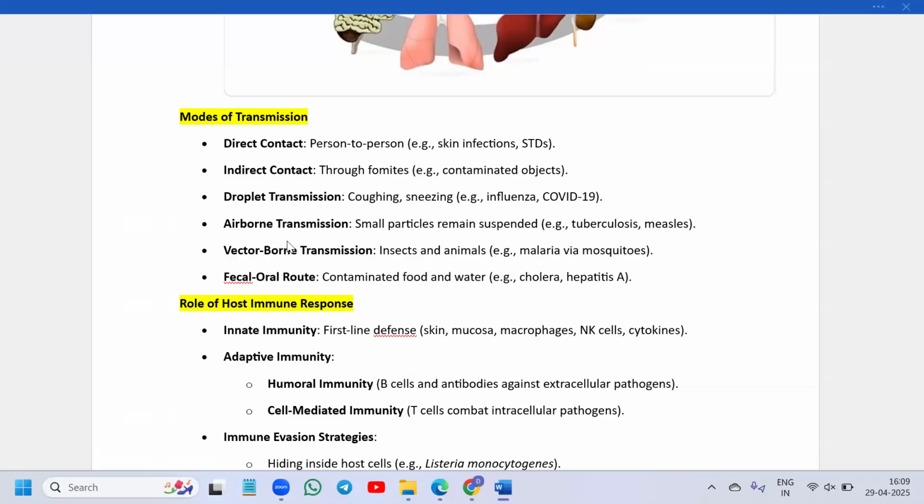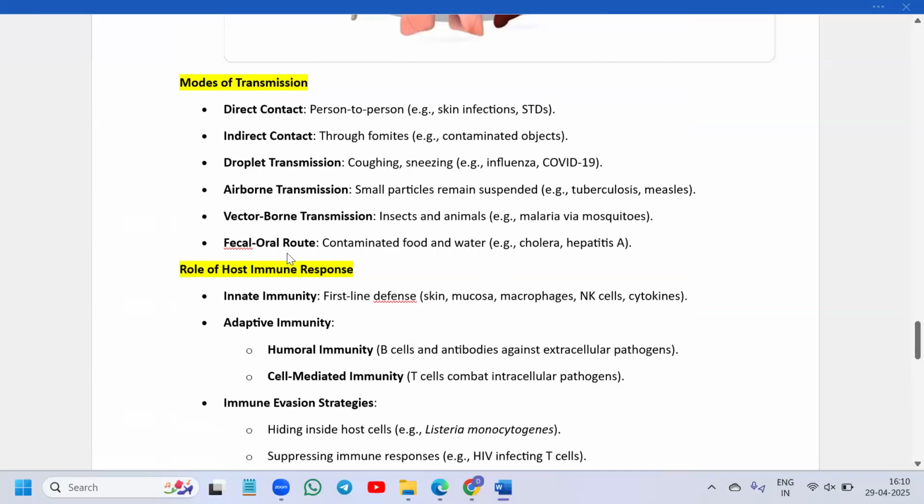Vector-borne transmission, there are vectors, some carriers involved. Like for example, malaria. Malaria is transmitted via mosquitoes. Dengue is transmitted via mosquitoes, right? Then fecal-oral route, contaminated food and water. Through that, like cholera, hepatitis A, these are all fecal-oral. So whenever you have contaminated food, contaminated water. These are the different modes of transmission.